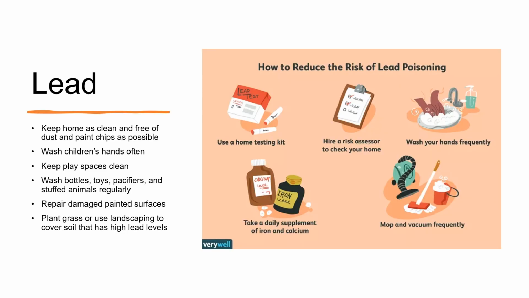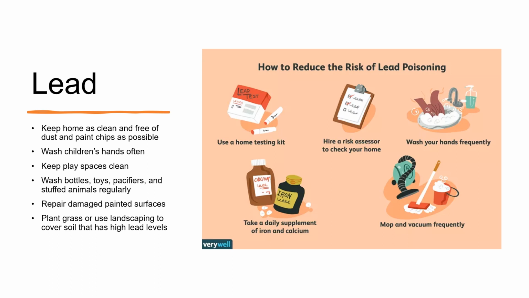The best way to reduce lead exposure in your home is to keep your home as clean and free of dust and paint chips as possible. You should also wash your children's hands often, keep their play spaces clean, and wash their bottles, toys, pacifiers, stuffed animals, anything that goes in their mouth. Those things should be washed regularly.